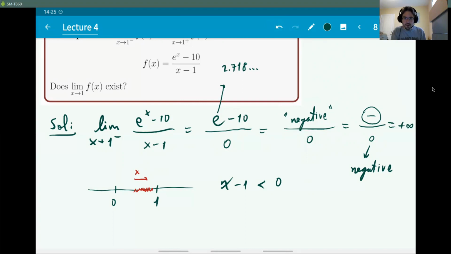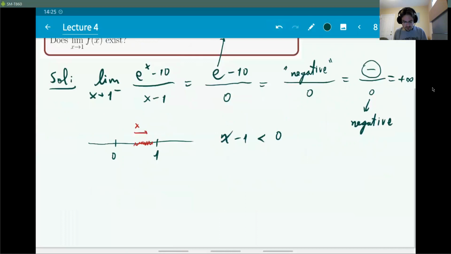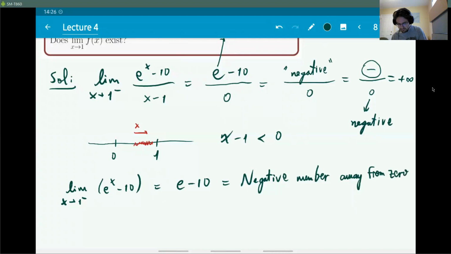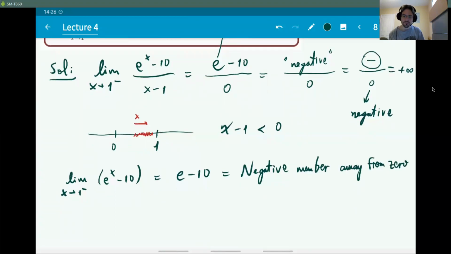Now this is informal. If you wanted to write a formal explanation, you could write something like this. The limit, first of all, of the numerator is a negative number, and you can emphasize away from 0. It's a number that has a definite size, like minus 8, and away from 0. Meanwhile, the limit of the denominator is a 0 through negative numbers.